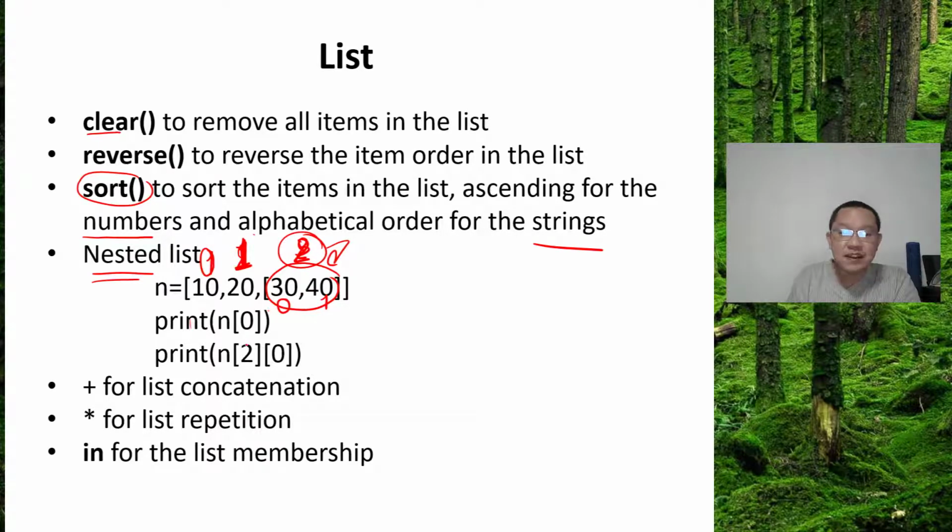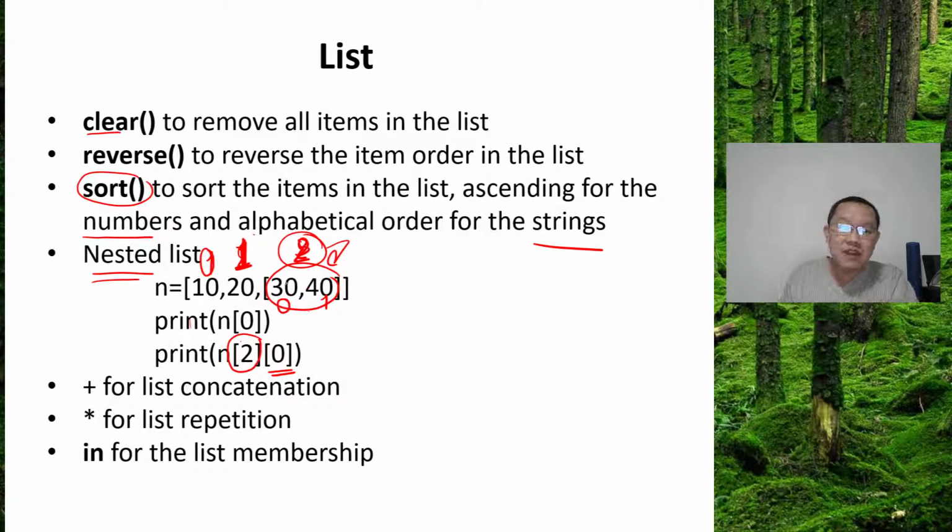Okay, and when you want to index the item inside this second position of the big list, you could use the first square bracket to define the second position of the first list, and you use the second square bracket to define the position within the second list inside this position.